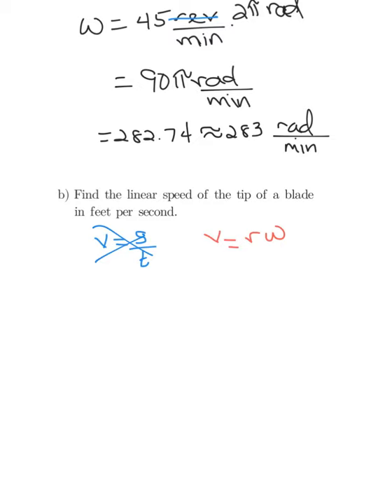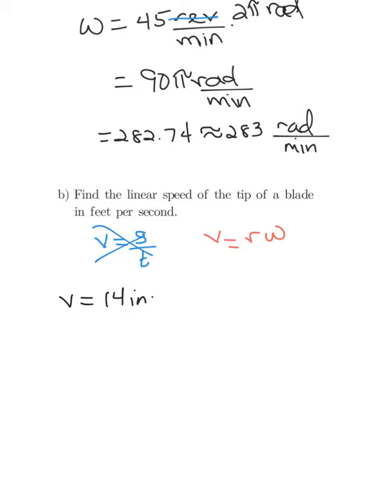So setting this up, we will say V equals, our radius is 14 inches, and we take that times our omega. When you go to these second parts and you have to use answers from the previous part, do not use the rounded answer that you put in for part A. Go back to the 90 pi version of it.